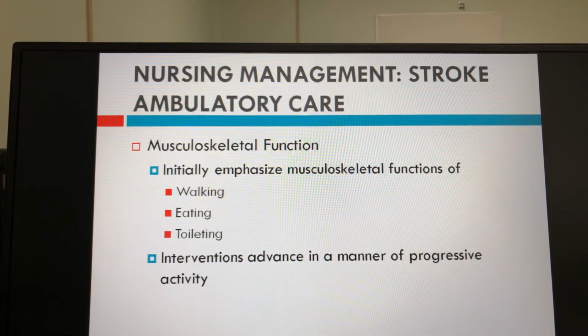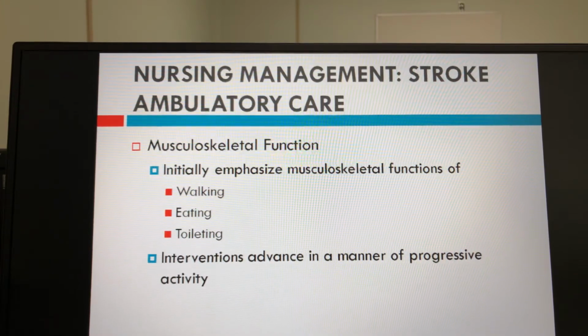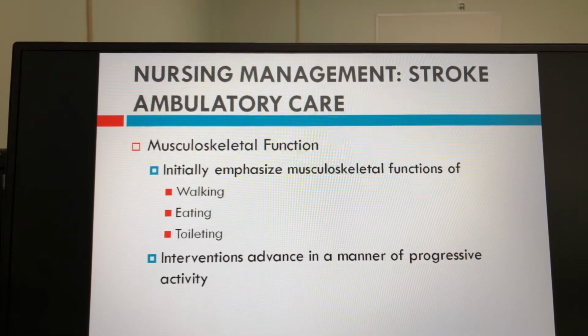So now I am on the musculoskeletal function, and it initially emphasizes the functions of walking, eating, and toileting, and interventions may advance in a manner of progressive activity.